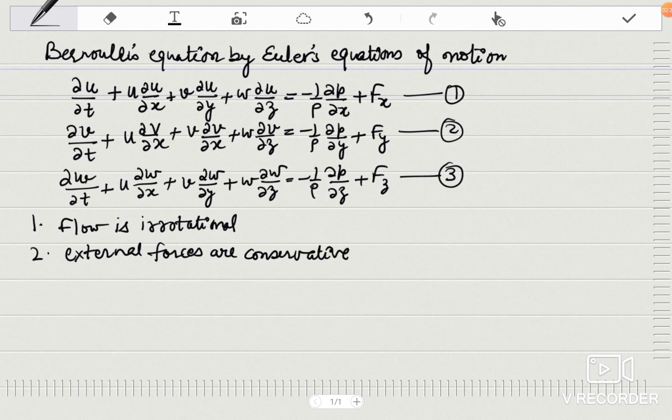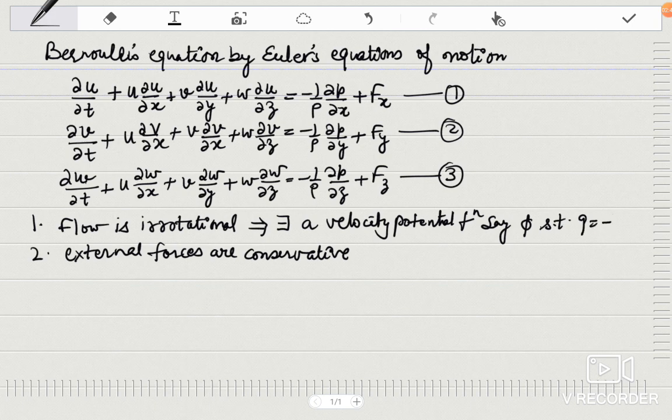Now you know that if the flow is irrotational, this implies there exists a velocity potential function, say phi, such that q is equal to minus grad phi.